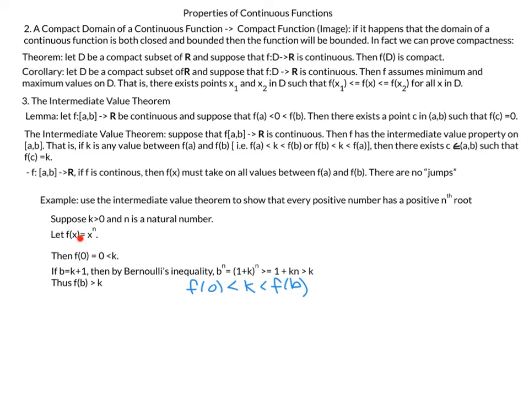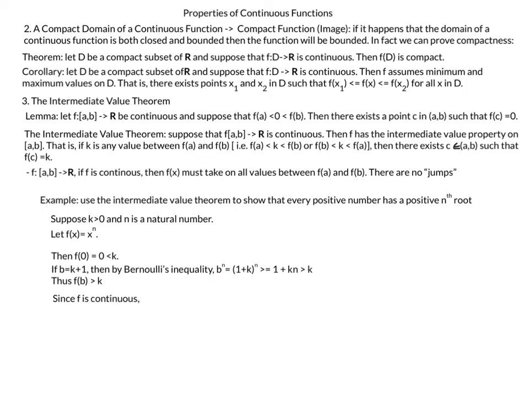So looking at this, we have f of 0 is less than k, and we have f of b is greater than k, which is exactly the form we want here to use the intermediate value theorem. And since f is continuous, we can use the intermediate value theorem. There exists a c such that c is between 0 and b, and f of c is equal to k.